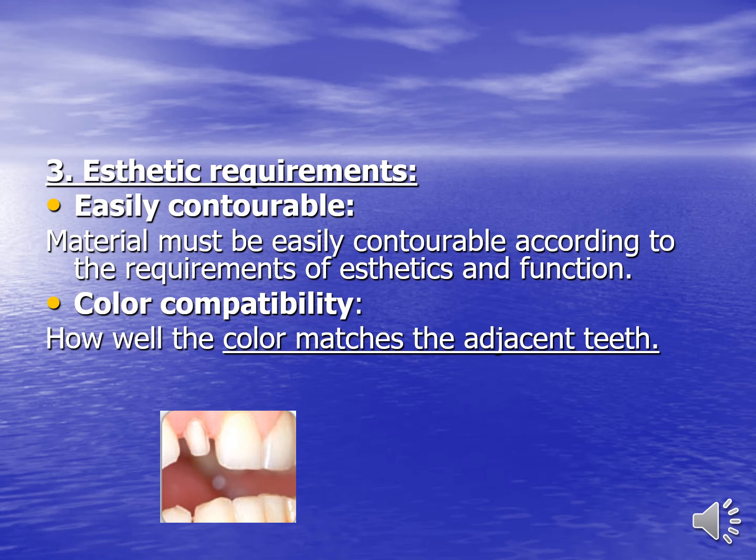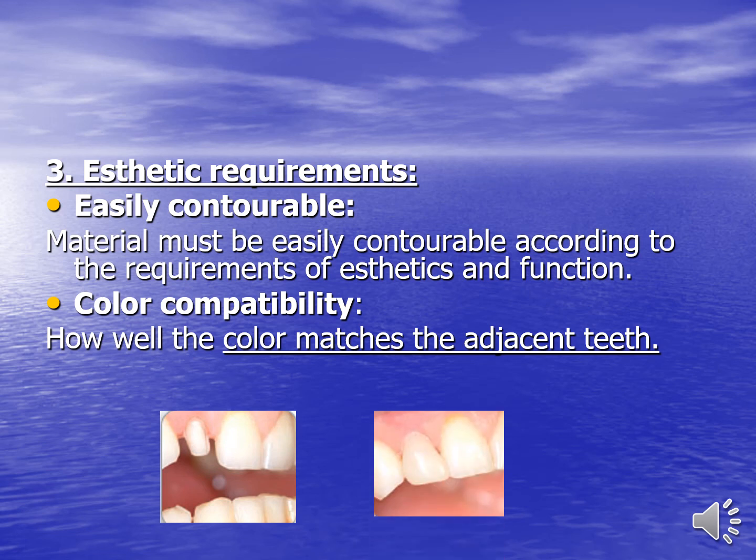Say, for example, in this case, for the lateral incisor we prepare to fabricate an all ceramic crown. So during this interim 7 to 10 days, it's better to have such a type of restoration.